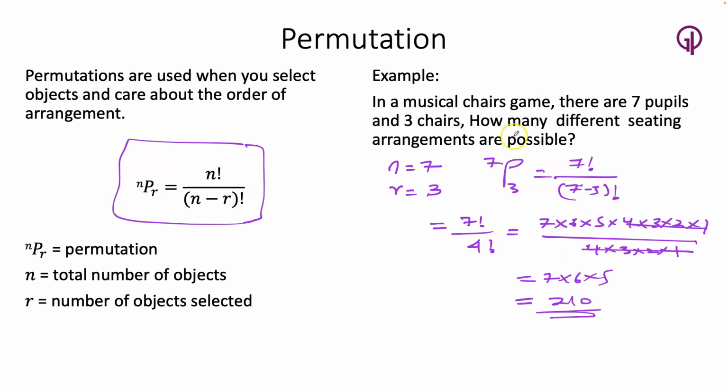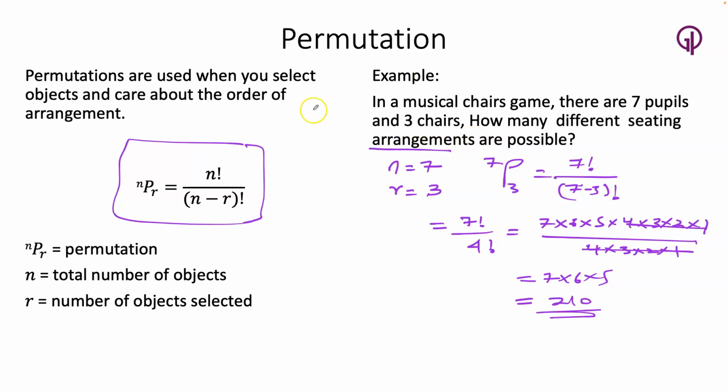So here, typically, when you see permutation questions, they typically have the word arrangement, possible ways of arranging, the order. It cares about the order of things. Whereas what we are going to look at next, which is combination, doesn't care about arrangement. Permutation cares about arrangement.